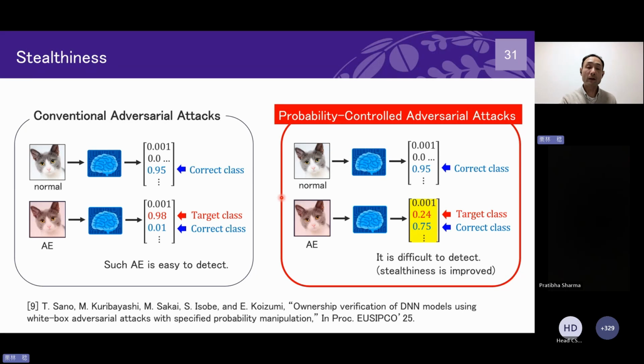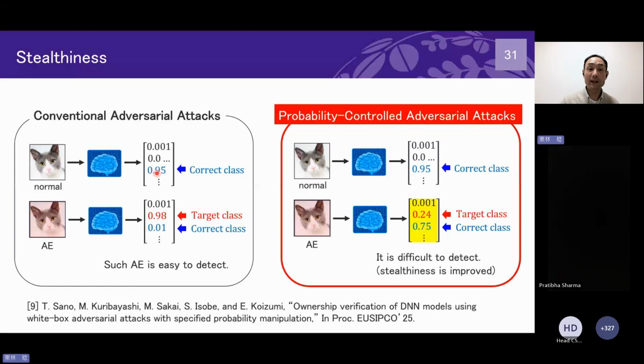Okay, conventional DNA fingerprinting uses adversarial attacks. But the conventional adversarial attacks only change the output of the AI model by adding noise.